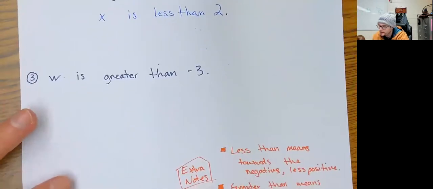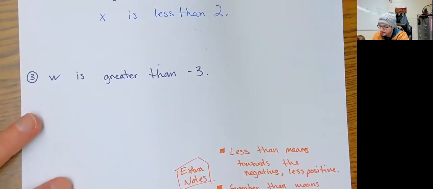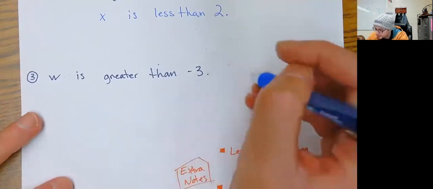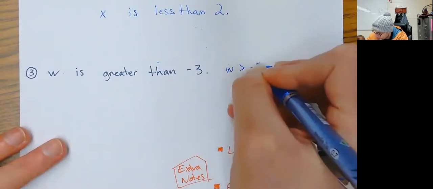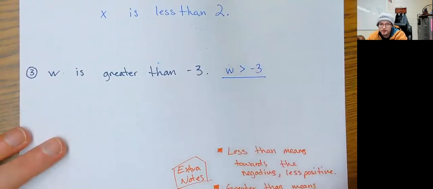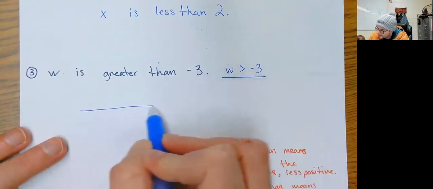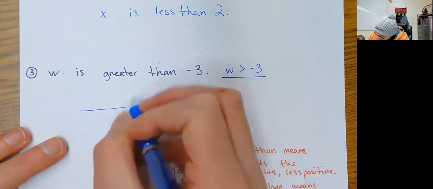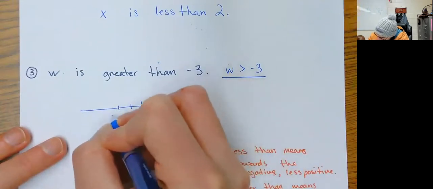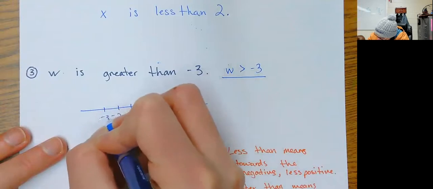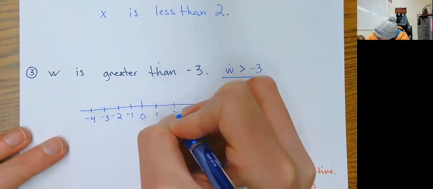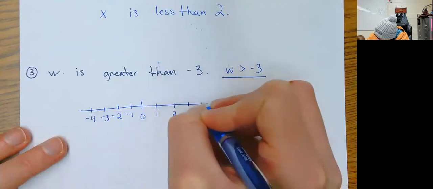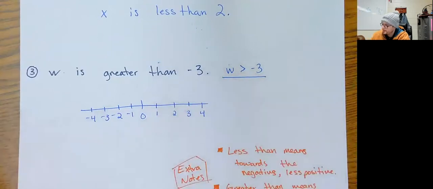Now we have w. Now we have the sentence, and we should be able to get the graph and the equation from this. So w is greater than -3. All right. And the graph of this: 0 here, -1, -2, -3, -4, 1, 2, 3, 4.